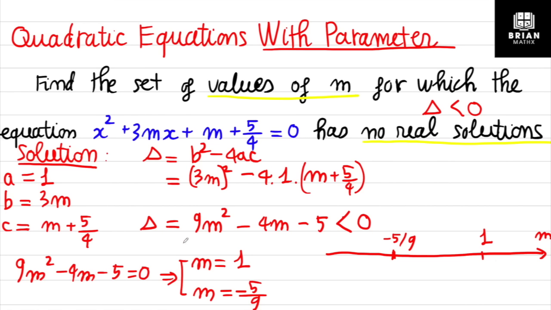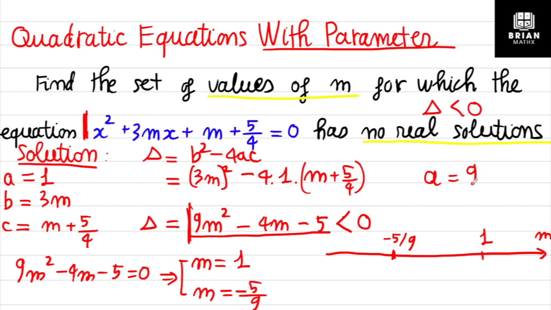And I want to find the positive or negative parts. I have to determine the value of a, but not the a of the original quadratic equation. Here, for the quadratic inequality, we have a equal to 9. It's not 1, because 1 is the value of a for the original quadratic equation. But for the quadratic inequality, I have to find the value of a for this quadratic.